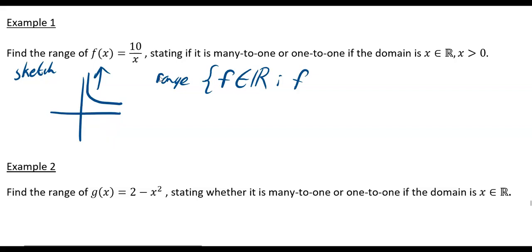So it is such that f is greater than 0. And it's not greater than or equal to, because remember, it doesn't actually touch this horizontal. That's as far as we can go. And if you look at this graph, it is a 1 to 1 function.